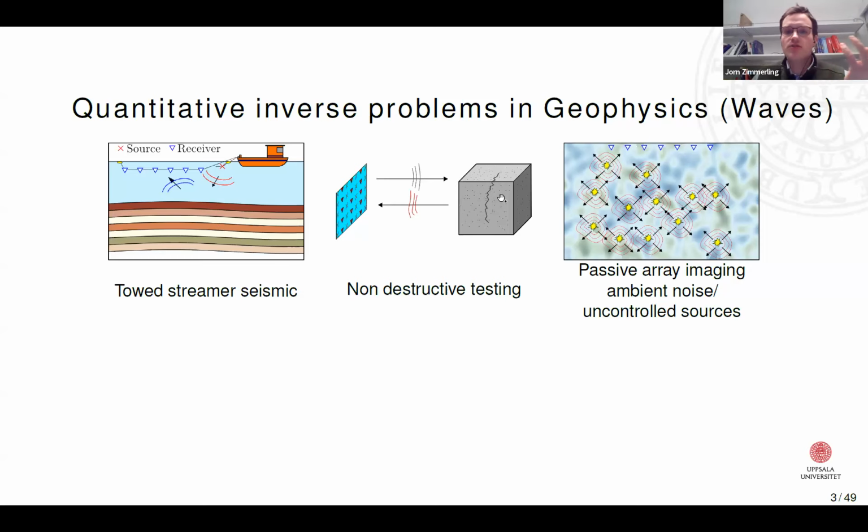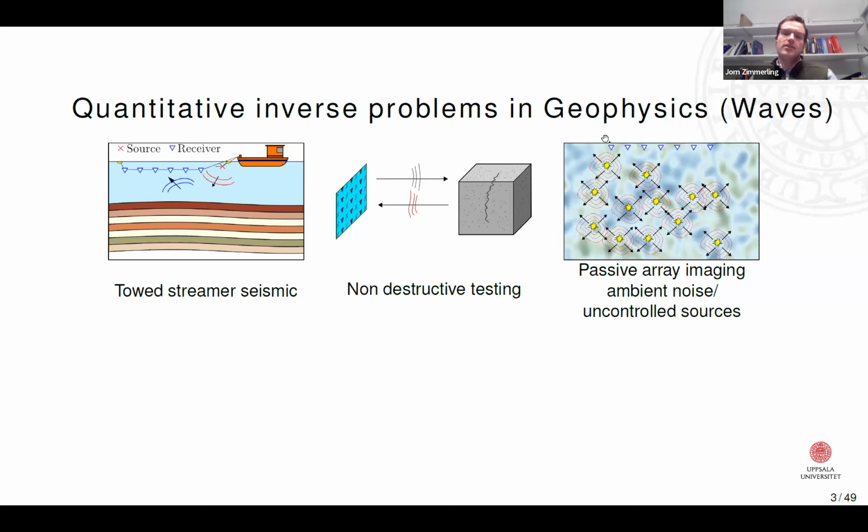Then also in non-destructive testing, this is used a lot. You can have an array of sources and receivers. If you, for instance, have a concrete wall and you're trying to figure out if there's a fracture in it, to see if the structure is sound or not sound. So non-destructive testing, also of airplane wings, for instance, these types of methods are used.